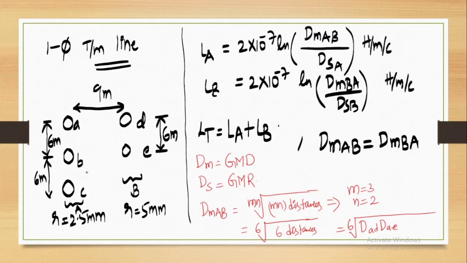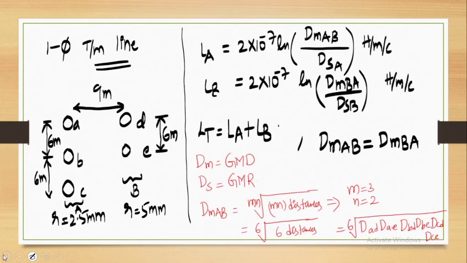We start with B. So B to D and B to E. Similarly, C to D and C to E. So these are the 6 distances. Find all these 6 distances.